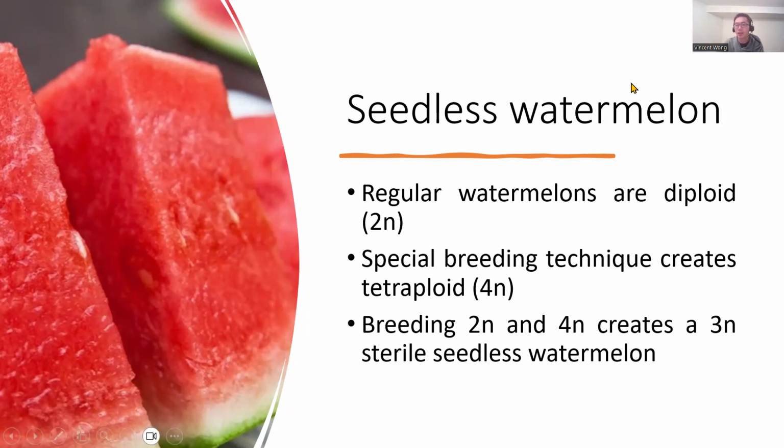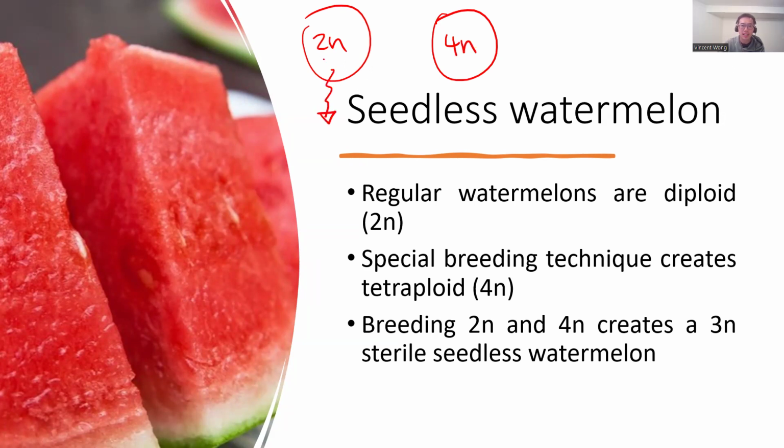So it turns out there are regular watermelons, which are diploid, 2 sets of chromosomes, and then they have a special breeding technique that causes the watermelon to become tetraploid. So now we have 2 kinds of watermelon. We have the watermelon that has 2 sets, and then we have watermelon that has 4 sets.